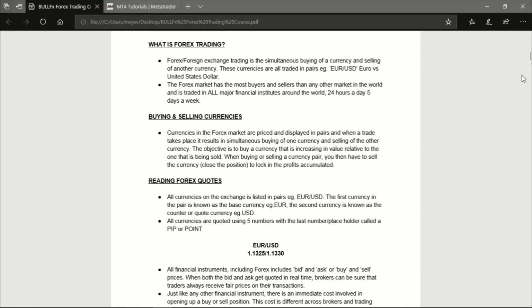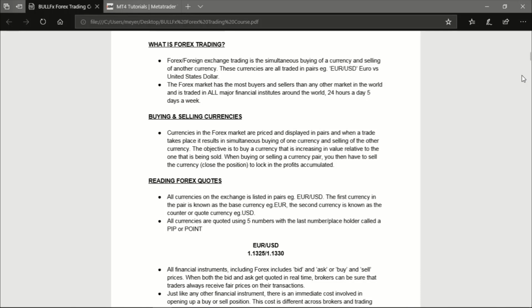It says that forex has the most buyers and sellers of any other market in the world. So forex is the largest market in the world. It's multiple times bigger than the largest stock exchange in the world, and the most amount of dollars per day gets traded in the forex market itself.